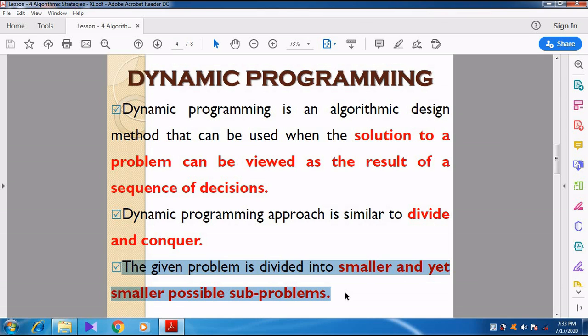We find the solution for all the smaller problems, and at last we combine all the solutions to get the solution of the bigger problem. This is the dynamic programming approach.